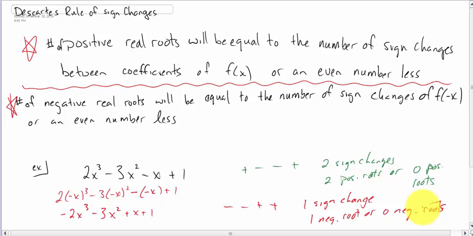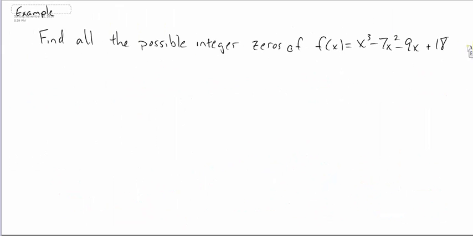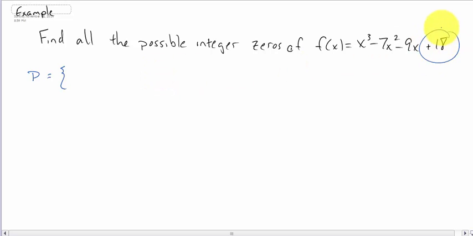Okay, so let's put this into practice. Oh boy, here we go. Let's see if we can't make heads or tails of this. Find all the possible integer zeros of this function f of x. Using our integer zero theorem, we know that p, an integer zero, has to come from the list of factors of the constant term.